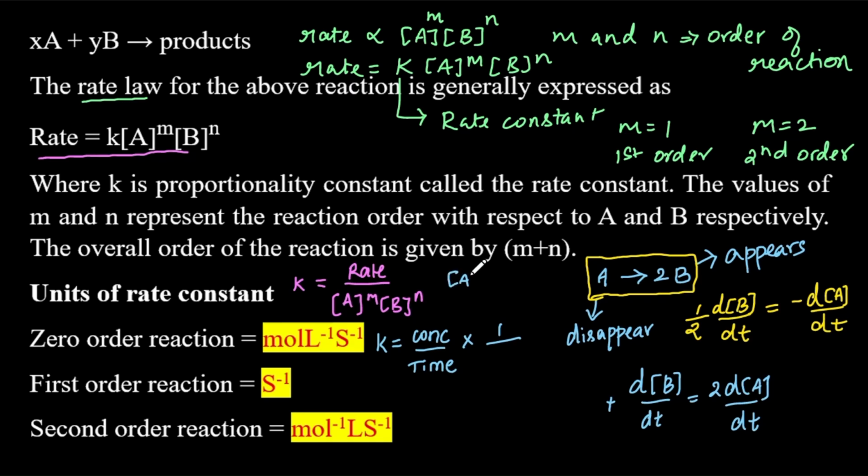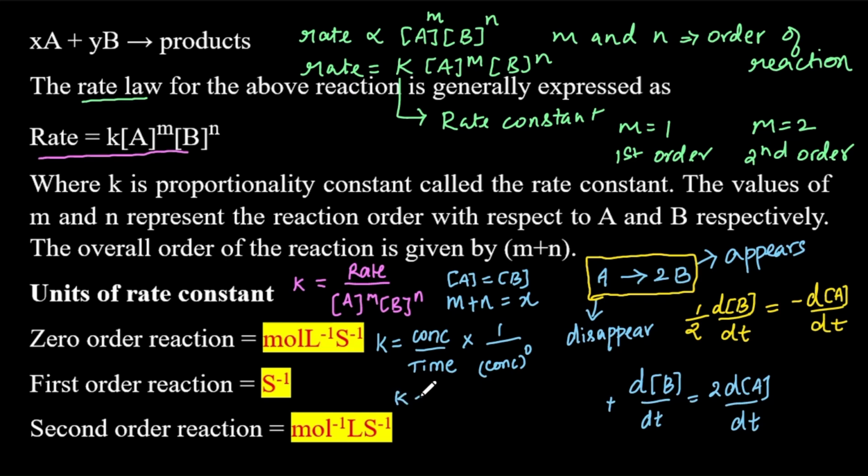So if we take the concentration of A and B as same, generally we can write concentration. So the value will be same, and here the overall order of the reaction is m plus n is equal to x. So if the order of the reaction is first order, then concentration power 1. If the overall order is second order, then concentration power 2. And if it is zero order, then concentration power 0. So anything power 0 is 1.